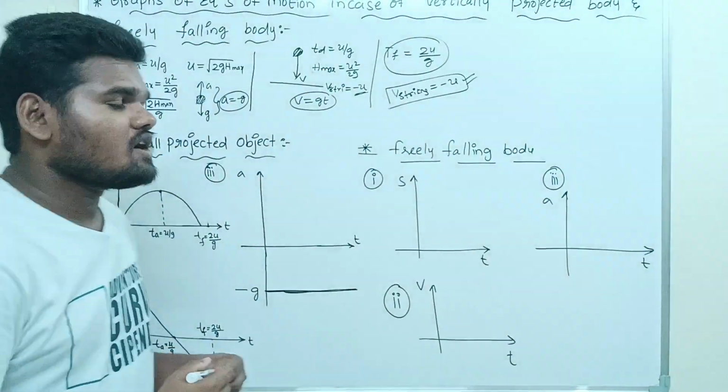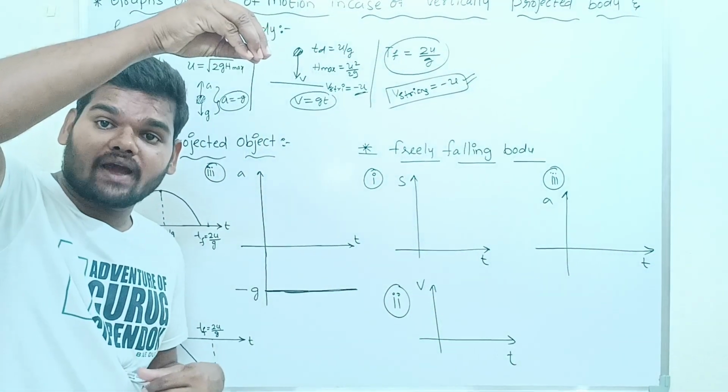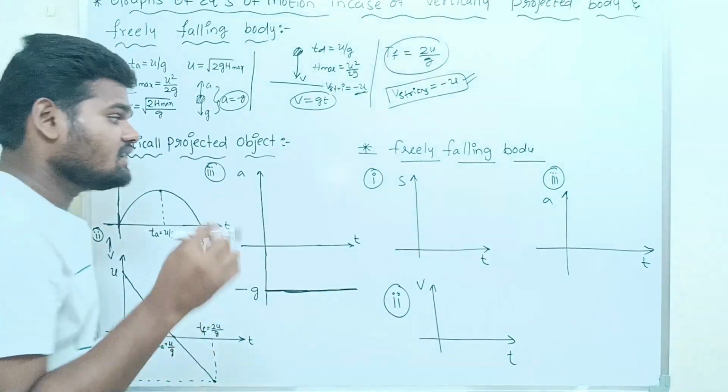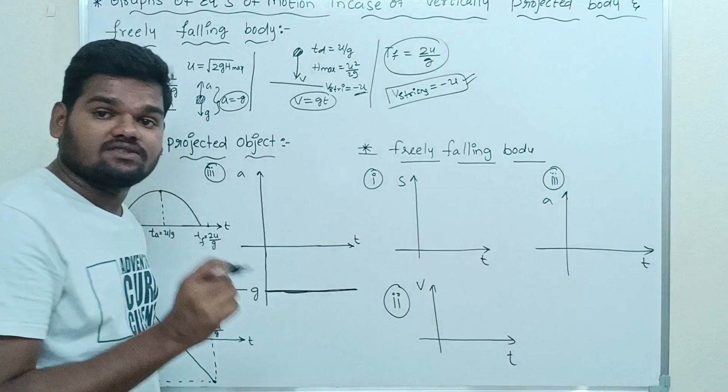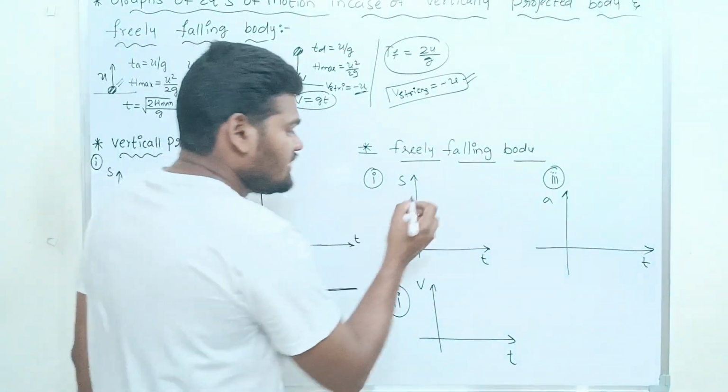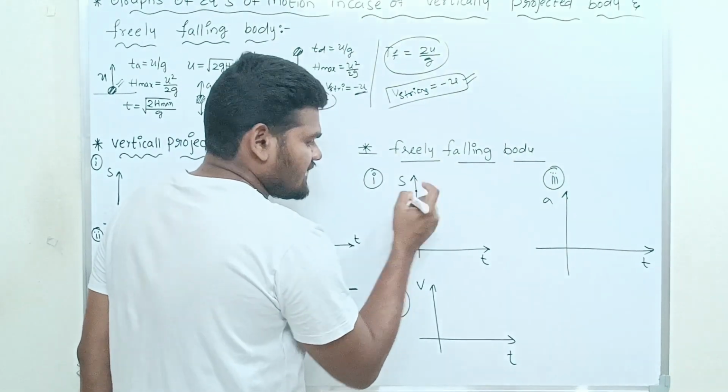Now the object is moving from maximum height to the ground. And I already told you that the graph of displacement versus time is a parabola.